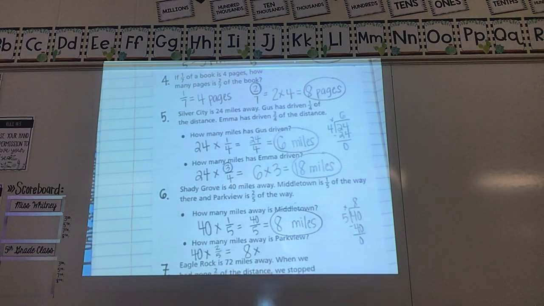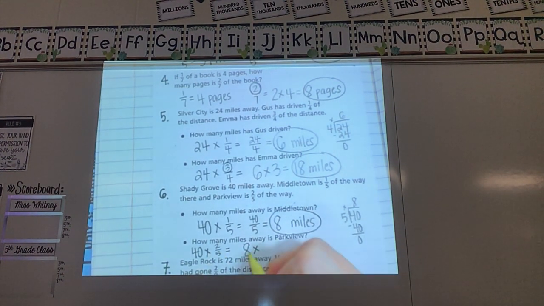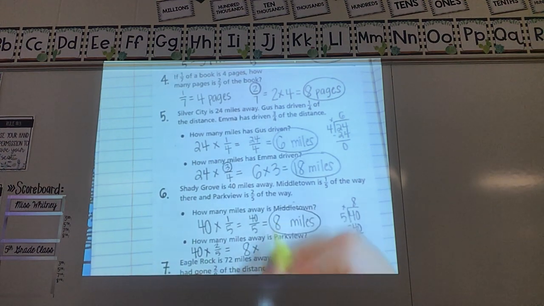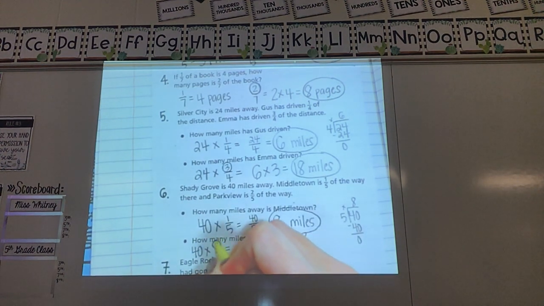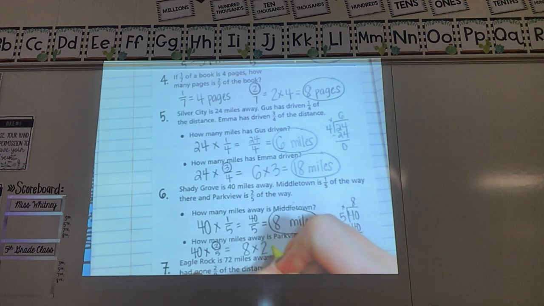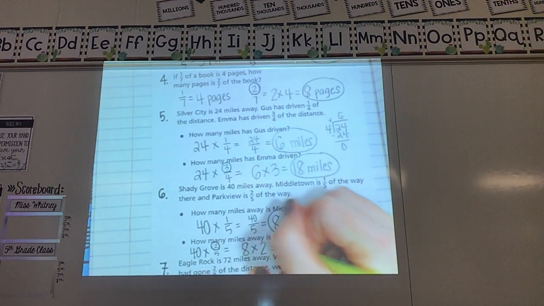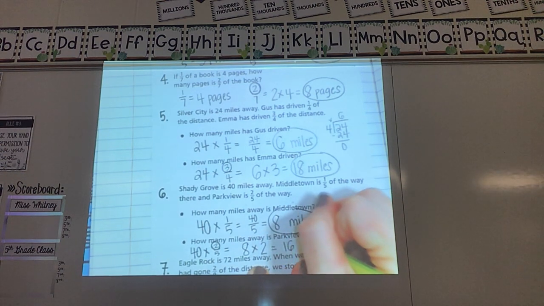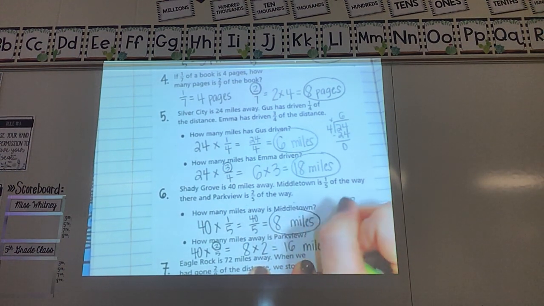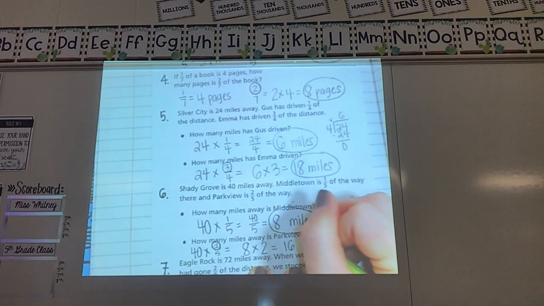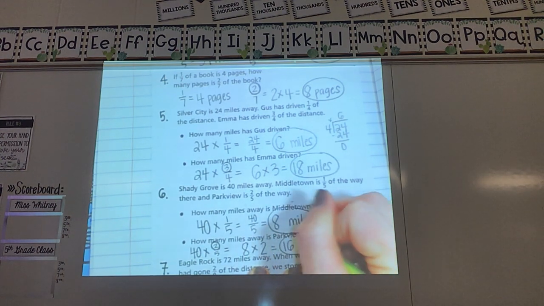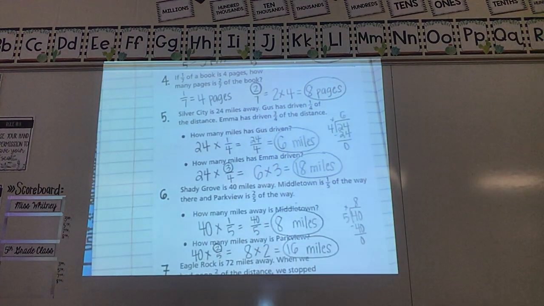What am I going to do to that 8 to figure out 2/5? 8 was 1/5 times my top number, which is 2. So what is 8 times 2? 16 miles. I'm going to take it times 1/5 and then see what 2 of those would be, which would be 16.